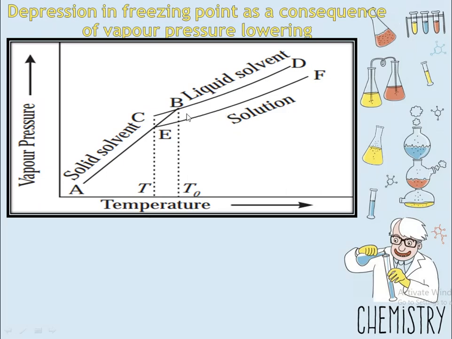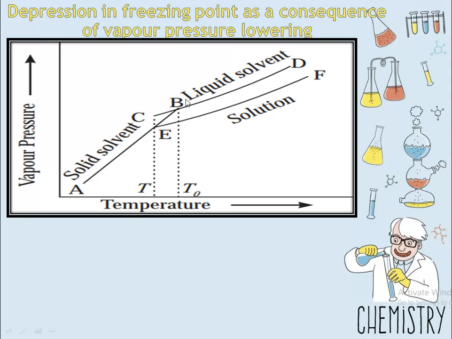Now we know that freezing point is the temperature at which the vapor pressure of a solid becomes equal to the vapor pressure of a liquid phase. So AB is the vapor pressure curve for solid. We know that the vapor pressure of a solid is very low, hence this curve lies below these two curves.